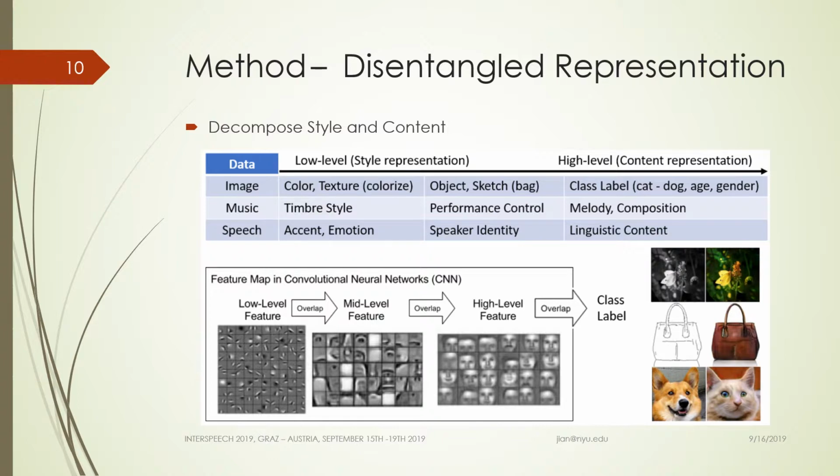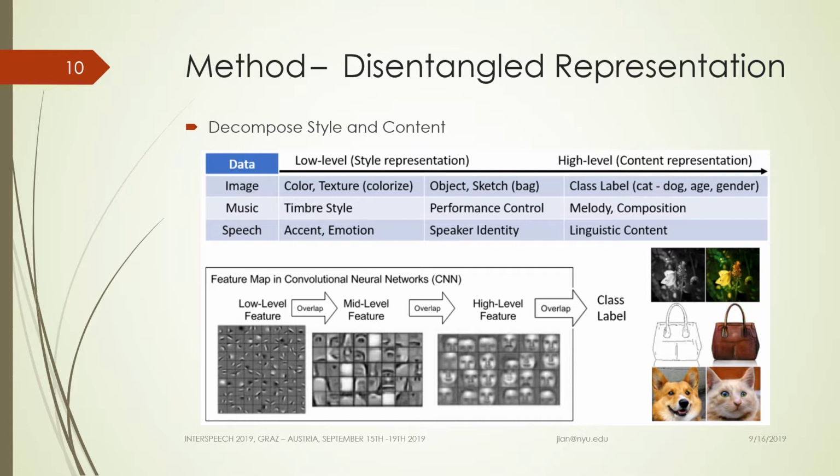Since we want to decompose style and content information, we need to investigate the disentangled representation learning method. In images, the low-level features like color and texture capture the style information, and high-level features like the category labels capture the content representation.